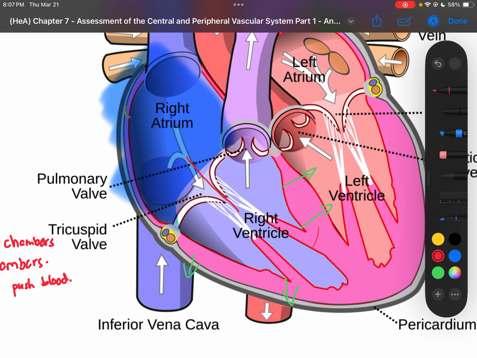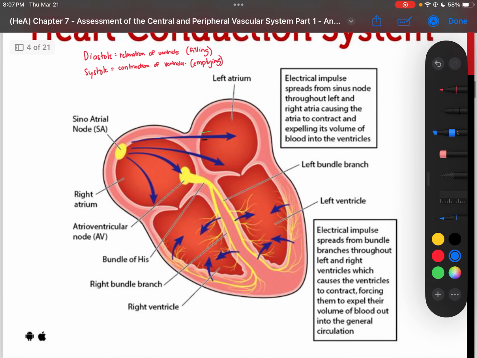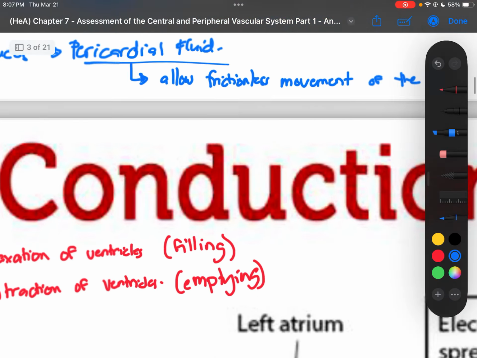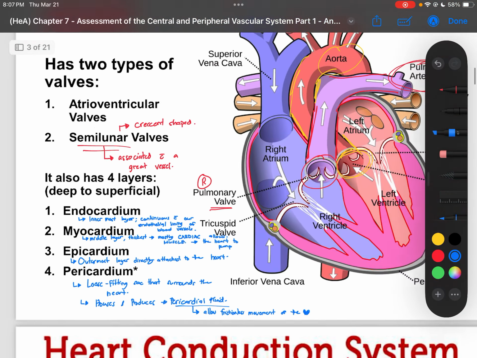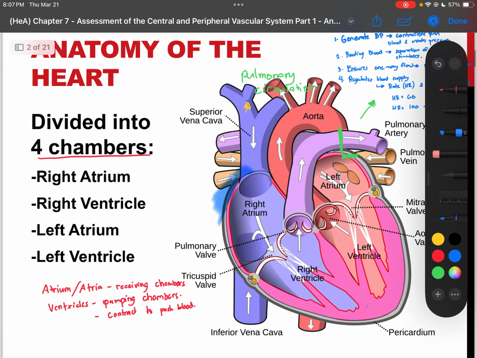Because it is open, the right atrium, through the power of pressure and through the power of osmosis, from an area of high concentration to an area of low concentration, that blood will move from the right atrium into your right ventricle. That's why diastole is called filling, because we are filling our right ventricle.